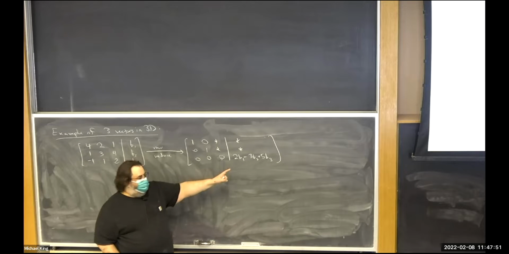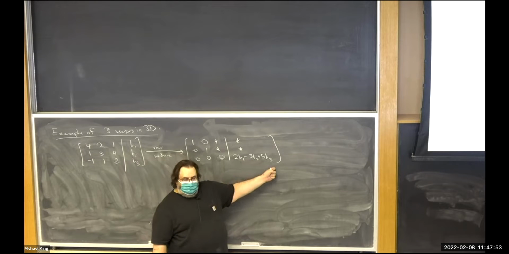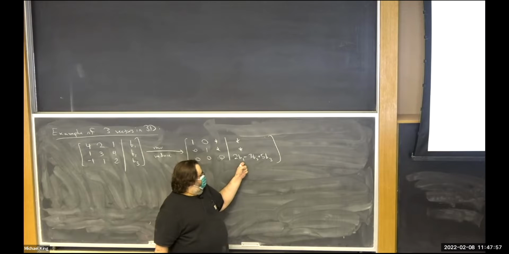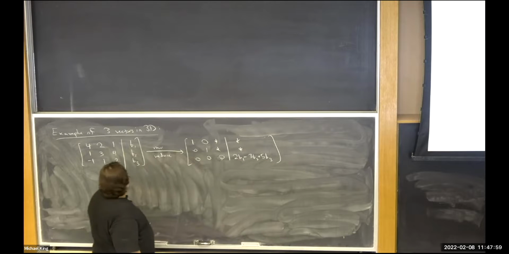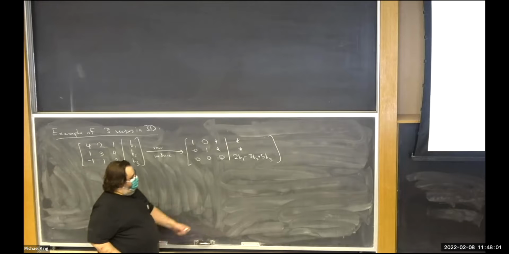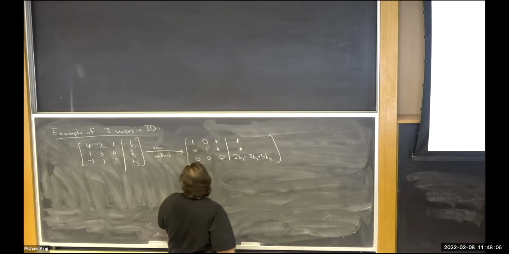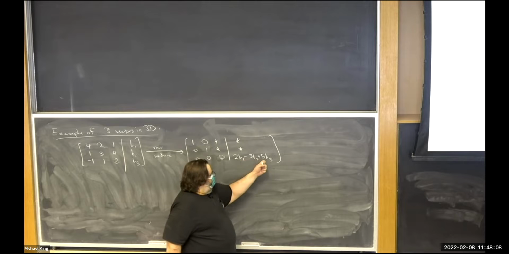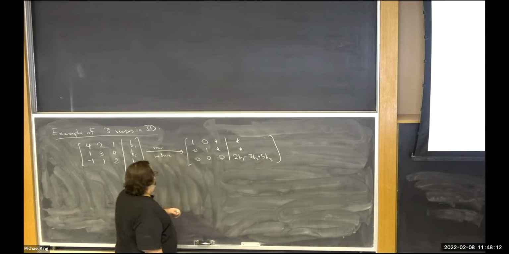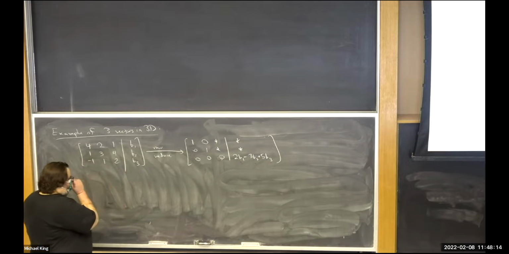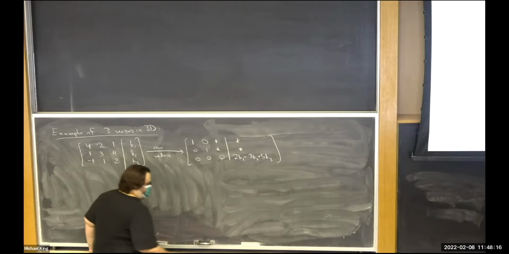Like if you do 4, 1, negative 1, I think that works. If you do 2, 3, 1, and if you do 1, 4, 2, like 2 minus 12 plus 10. Yeah, so all these vectors, this was sort of the V1, V2, and V3.